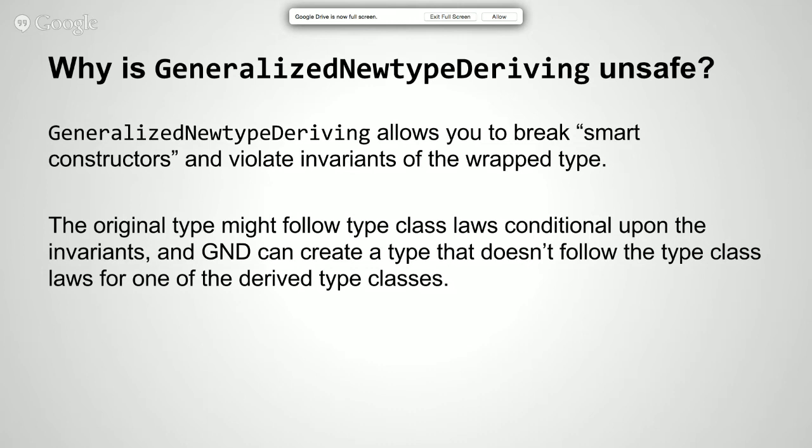Well, with generalized newtype deriving, you can create a type that inherits type classes from what it wraps, but because it doesn't follow all the invariants, it can create false or non-compliant type class instances. And there are a couple other things that are more corner casey, and it is getting better, but historically generalized newtype deriving has actually been very controversial.